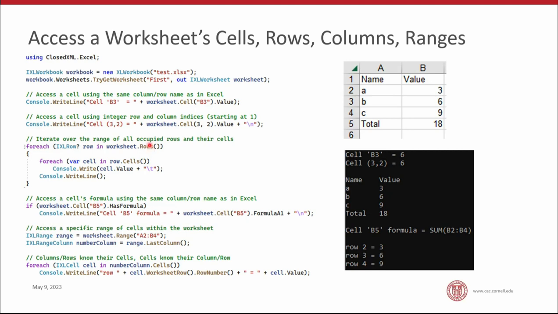This is just going to be the rows that are within that range, the places where there really is data. And then within each row, we can iterate over all the cells that are in that row. And then I'm going to print those values out, the values of those cells. And sure enough, these 5 lines here very much equal the values that were in the worksheet. So that's how you would iterate over some part of the worksheet.